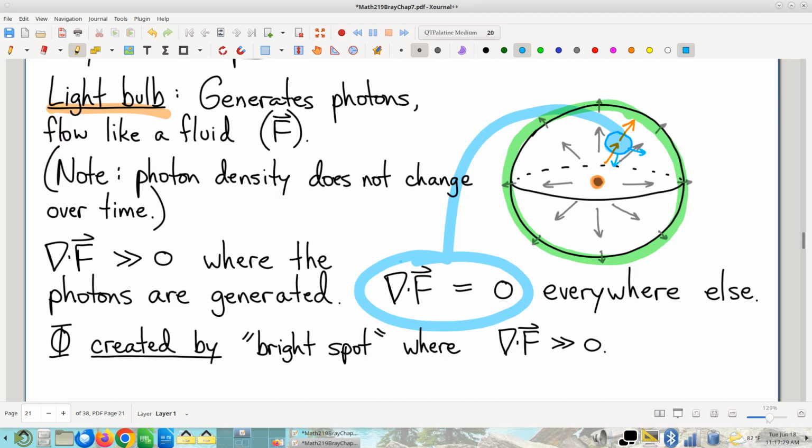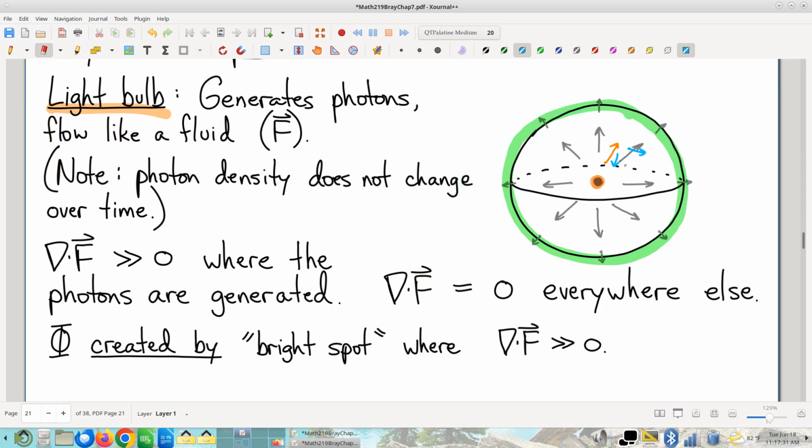Now, by contrast, let's think about an analogous question right at where the bulb is. Let's think about that little volume, again oriented outward, just because. How much flux is there through that little sphere? A lot.